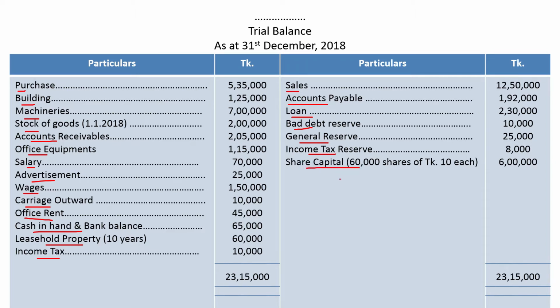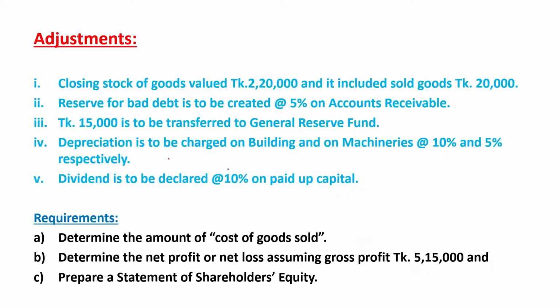Okay, dear students. Now some adjustments. Closing stock of goods value taka 2,20,000 and it included sold goods 20,000 taka. My dear students, we know that closing stock means unsold goods, but it included sold goods. So sold goods will be deducted from closing stock. Reserve for bad debt is to be created at the rate of 5% on accounts receivable.